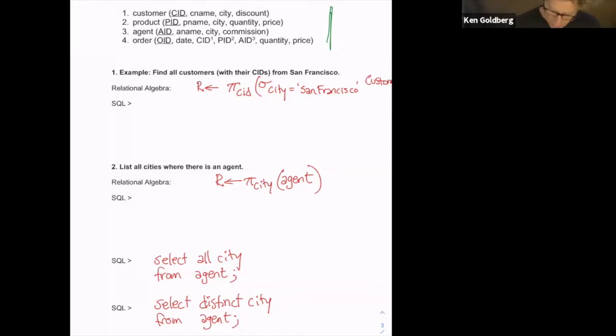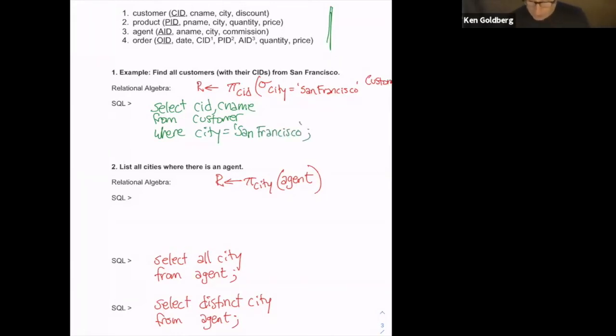All right, so I showed you last time the relational algebra to answer a query like this first one here: find all the customers with their customer IDs from San Francisco. Then we went through what that looks like in SQL. Just to refresh your memory, you should have this: select CID, CNAME from customer where city equals San Francisco.